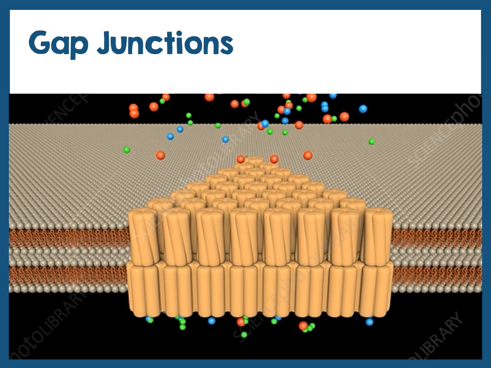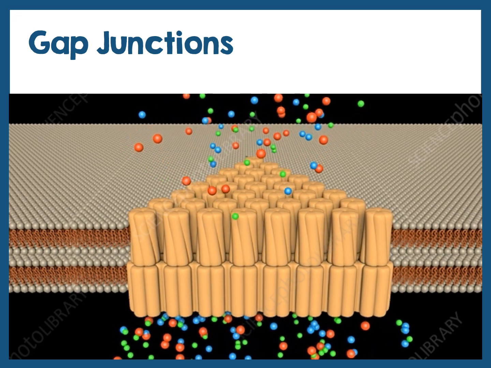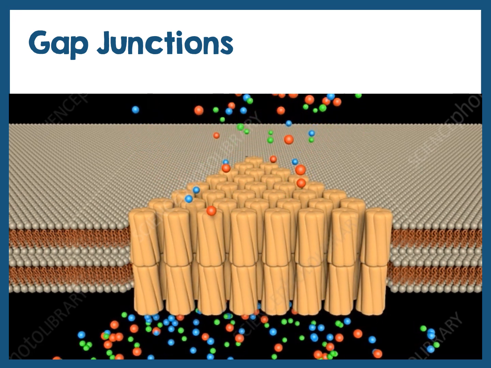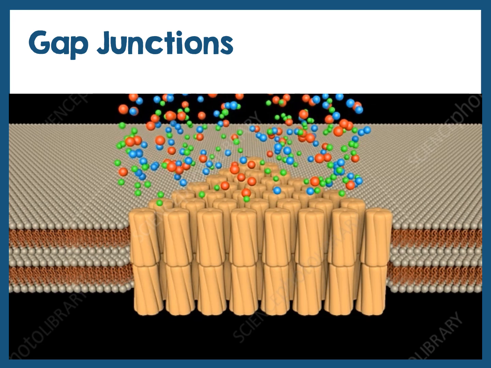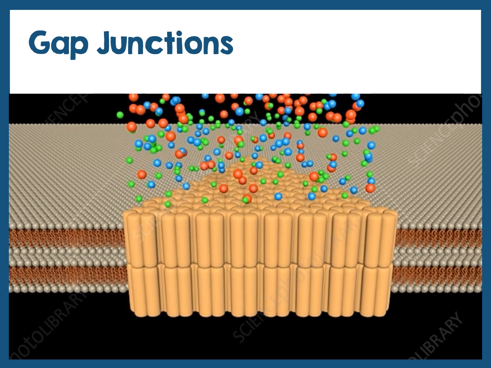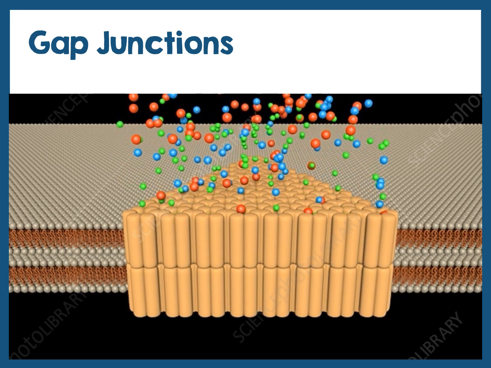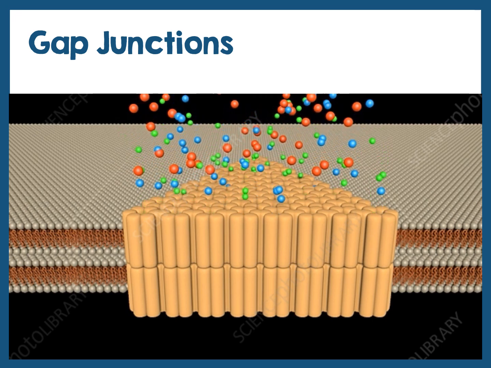They function to allow the direct transfer of ions and small molecules between these two cells. This plays a crucial role for many cellular processes such as growth, cell differentiation, and homeostasis.